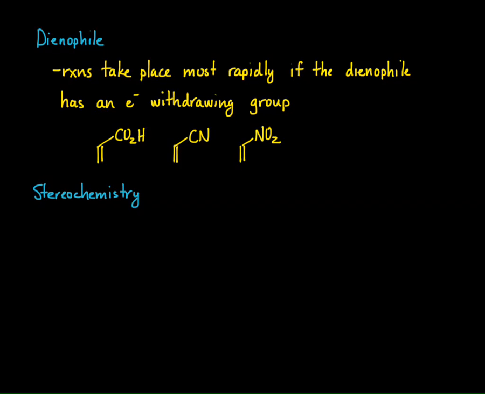The other feature with dienophiles is their stereochemistry. We're talking about an alkene, and that alkene can have cis or trans stereochemistry. The thing to remember in a Diels-Alder reaction is that the stereochemistry of the dienophile is retained. So if you start with an alkene that is cis, then the cyclohexene product ends up with the groups cis to one another.